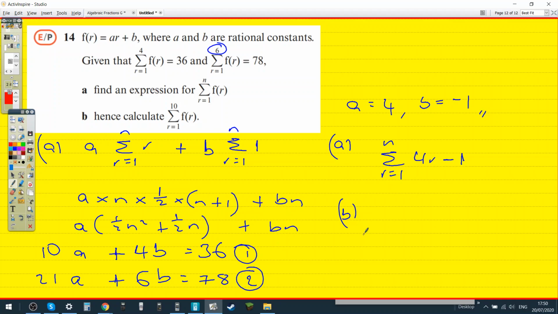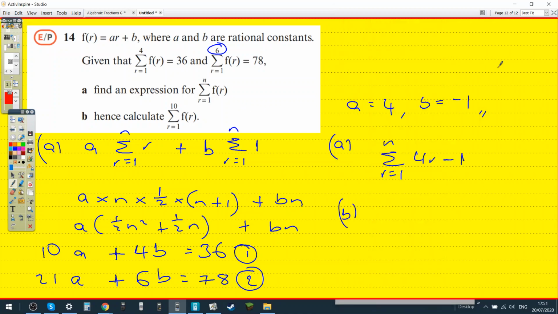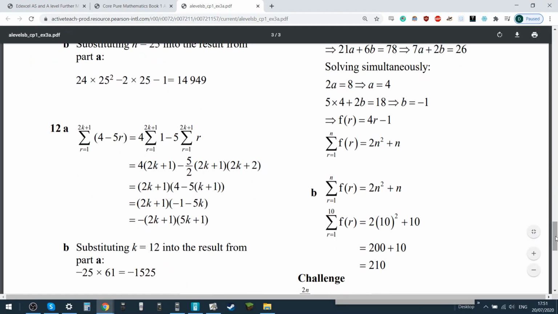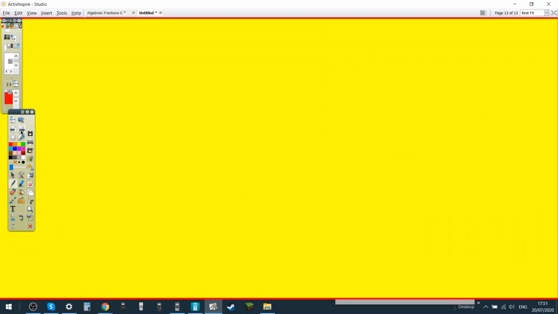So 10 times 100... 50 plus 55 times 4 minus 10. What is 55? That's 110. 220 minus 10 is 210. 210. Boom. Yay.